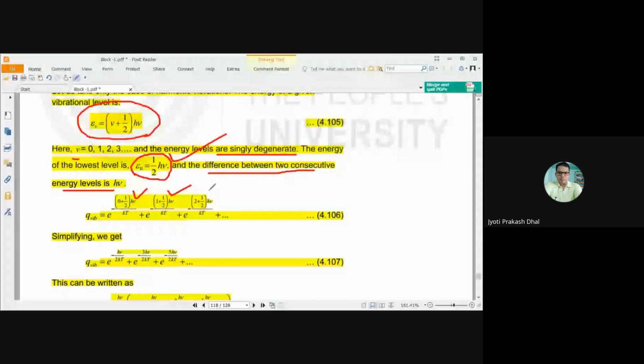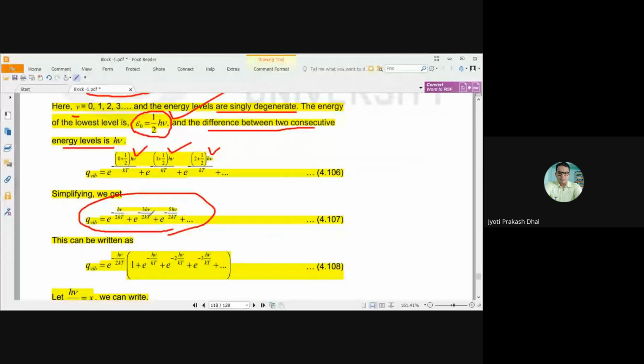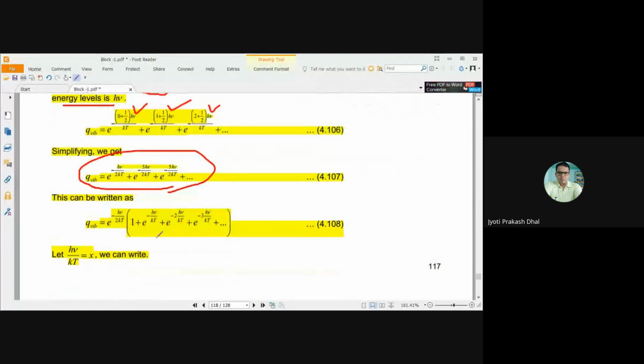Now simplifying this, we can write Q vibrational equals e to the power minus h nu by 2kT plus e to the power minus 3 h nu by 2kT plus e to the power minus 5 h nu by 2kT. So this can be written as Q vibrational equals e to the power minus h nu by 2kT into 1 plus e to the power minus h nu by kT, and so on.